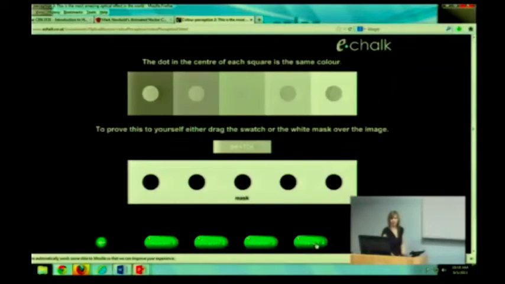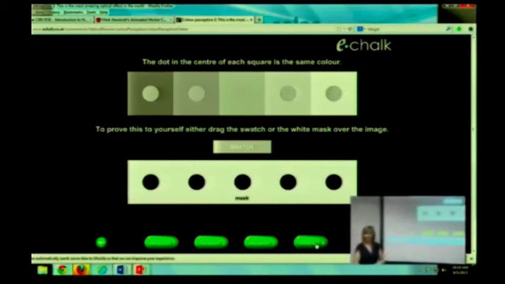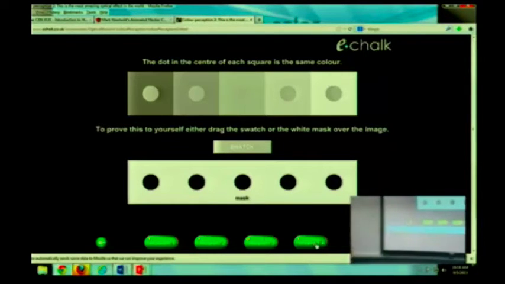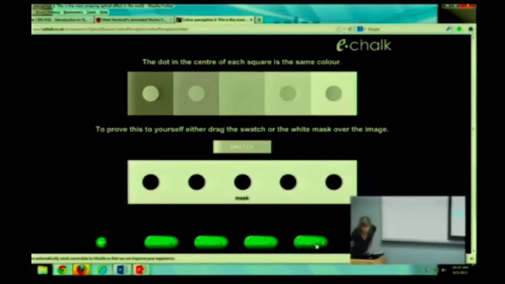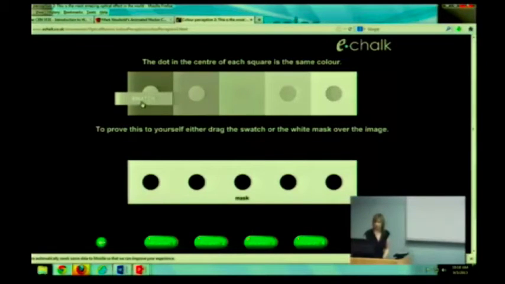All right, what about this one? Let's look at the circles. What do you think? The same. But they look different. By this time, usually the entire class is saying, no, they're the same. You've tricked us enough.